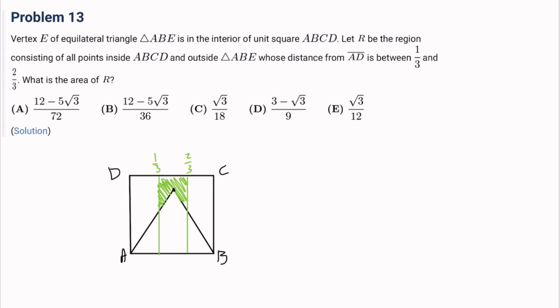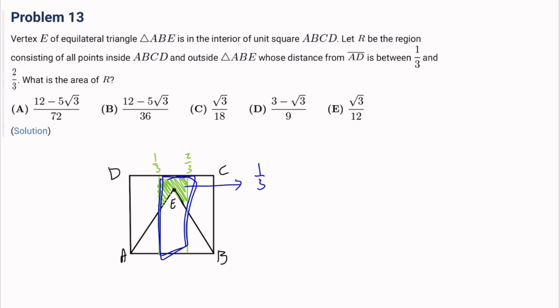So since this is E, the area that we want will be this whole thing minus this, plus this, right? And this whole thing is just 1/3 of the whole, and it's a unit square, so this much is equal to 1/3.